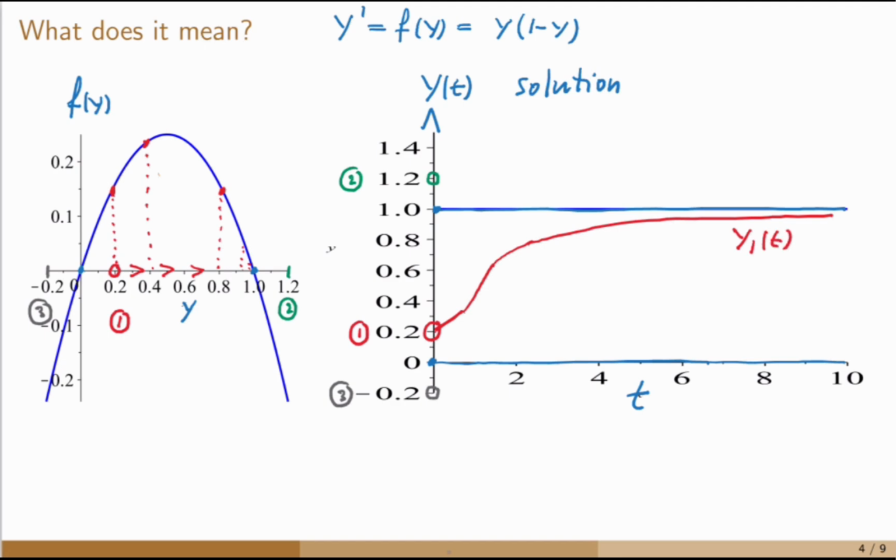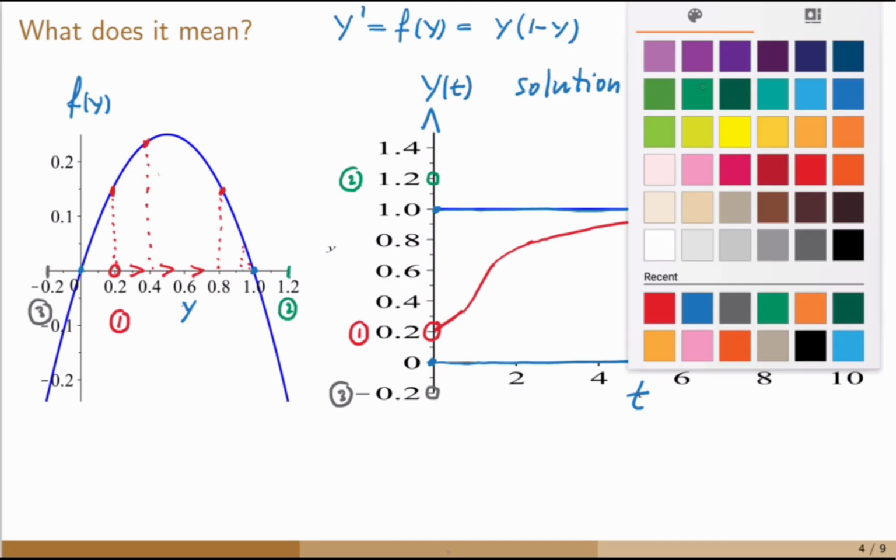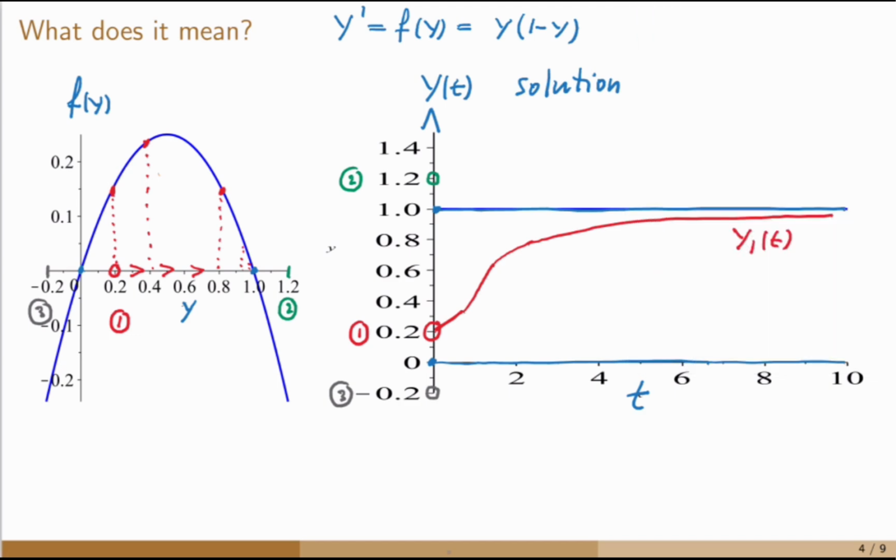So let's practice this once more with the second solution. So in 2 I start at 1.2, which is here and here. In the phase plot I have an arrow going to the left. If I evaluate the slope, which is the function f, I am steeply negative. So from here I go down. I have a negative slope.